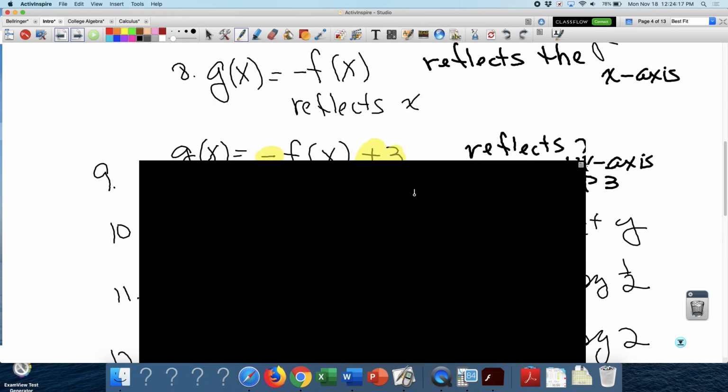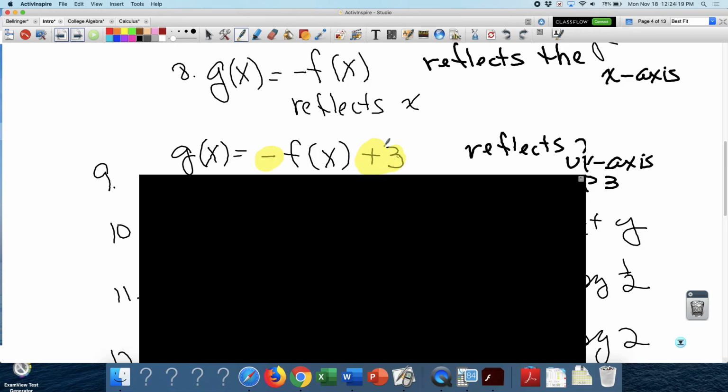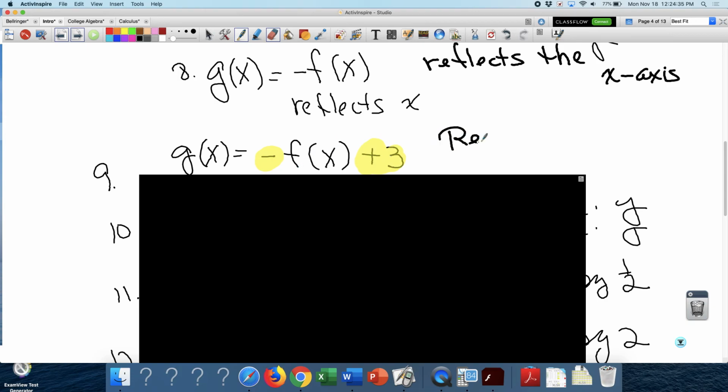Okay, let's look at this one. The A is what's negative. Is anything in here inside the parentheses? Anything? No. So that's your A, that's your D. If A is negative, it reflects which axis?